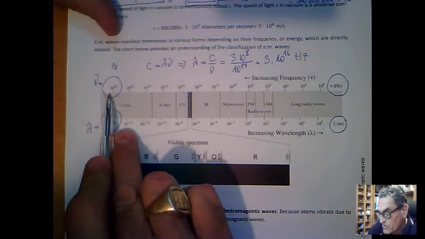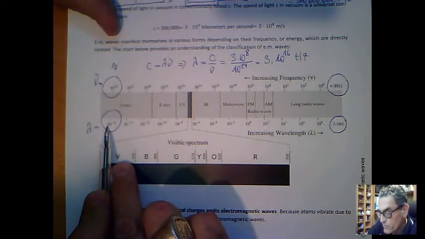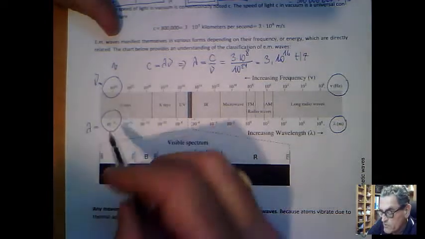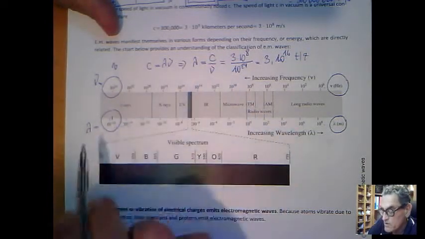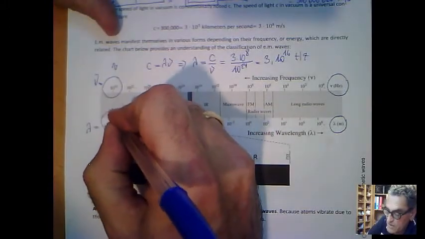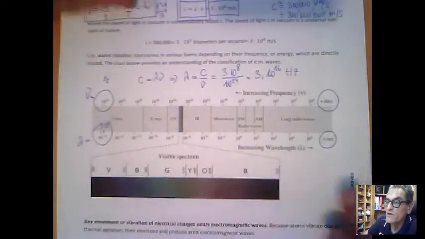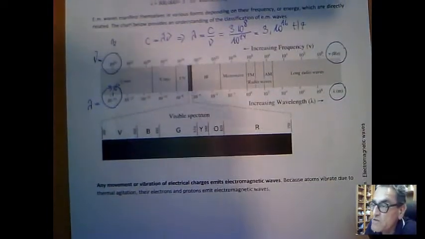Okay? So it's not exact, but you also see that this line is not exactly in front of that one. Okay, we have 10 to the minus 16, we have 10 to the minus 14. So indeed, 3 times 10 to the power 16, it's about here. And you see the correspondence between wavelength and frequency.